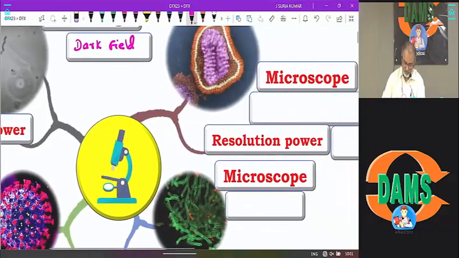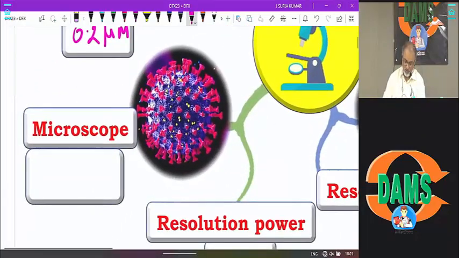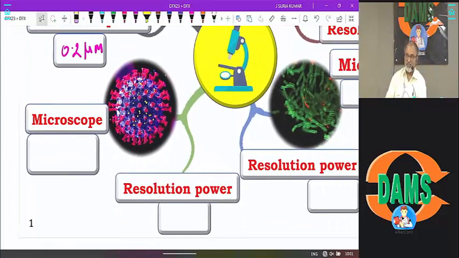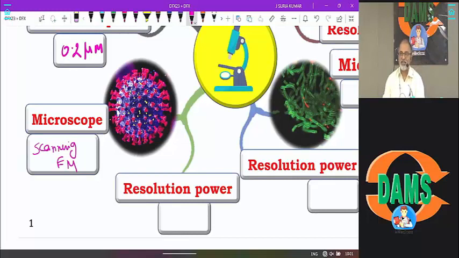Next, you see this microscope, it's a virus and 3D. Scanning electron microscope. What is the resolution power of scanning electron microscope? Nanometer, 20 nanometer. Very good.